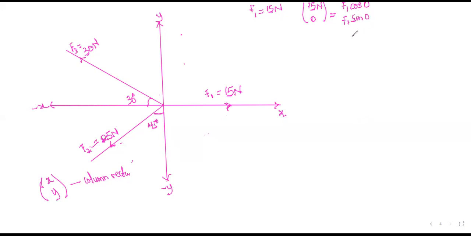I explained this to you last time. So if you go by formula, the x and y components of this will be 15 times cos of 0 and then 15 times the sine of 0.